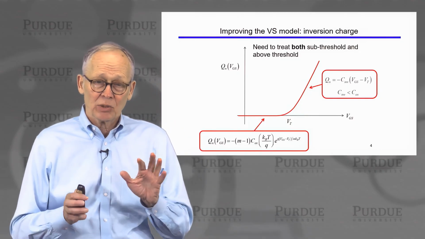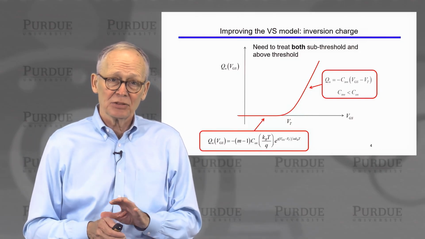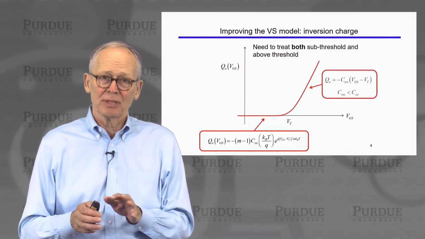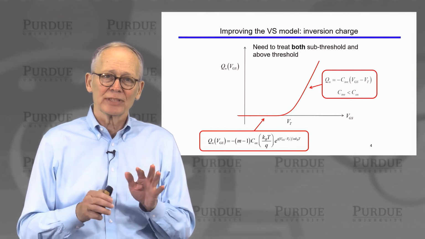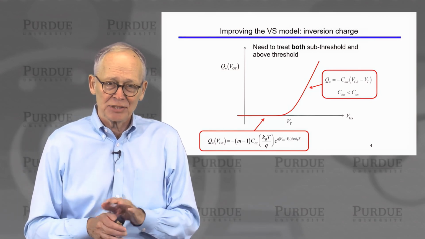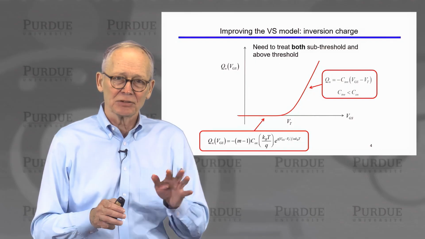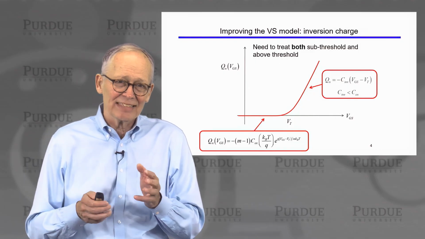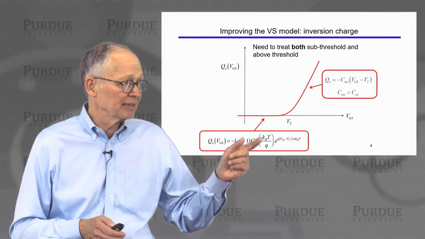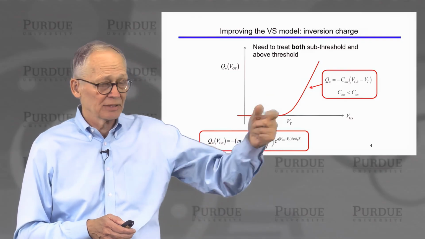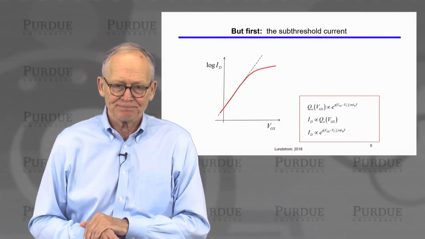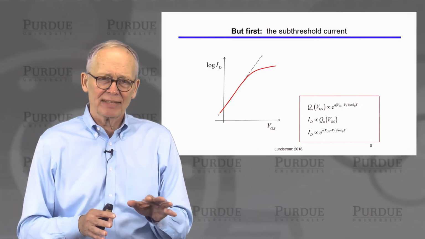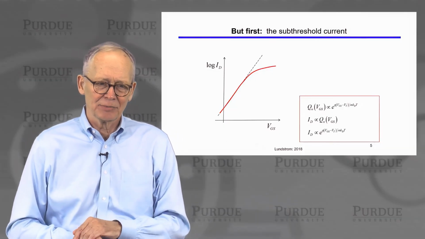Now, one of the things we're going to need to do is to treat both subthreshold and above threshold in one smooth and continuous way. So just as we introduced an FSAT function to smoothly go from linear to saturation region, we need to find some technique to smoothly go from this subthreshold expression to this above threshold expression. But first I want to take a little bit of a detour and just talk about subthreshold.